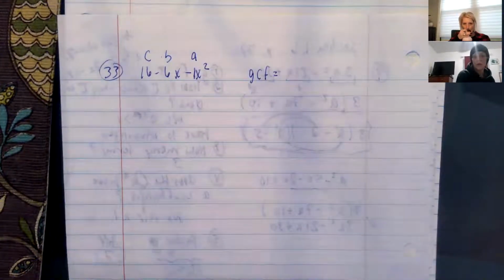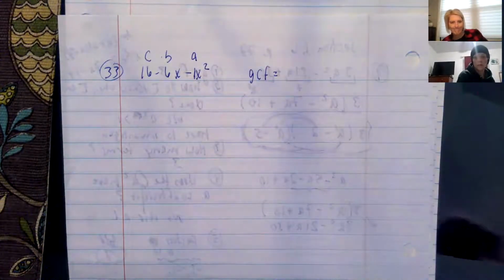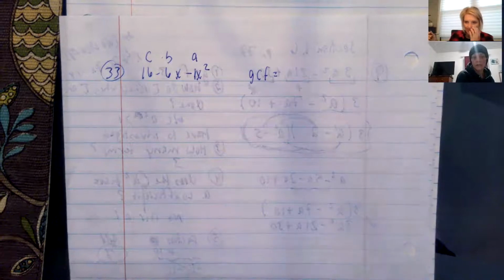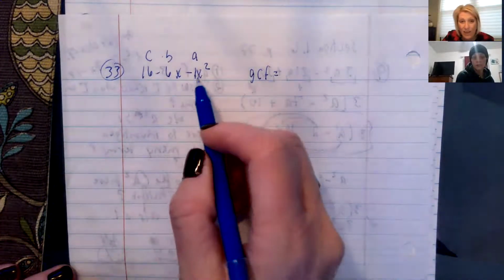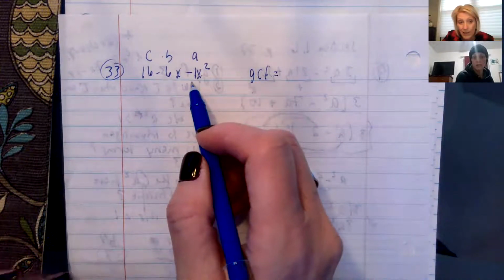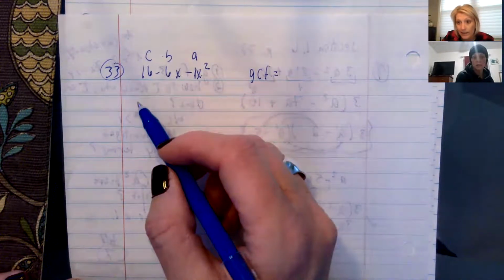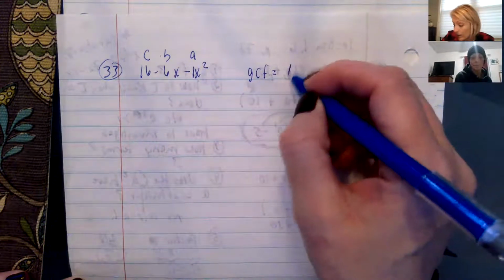Is there anything I can factor out of these 3 terms? And I don't see anything because of the 1 there. 1 is the only thing that divides into both 6 and 16. So one is our greatest common factor again.